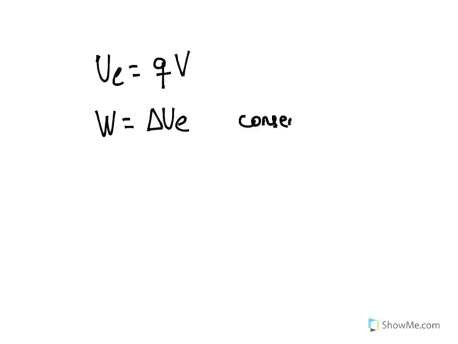So, for instance, the electric potential energy is given as Q times V, right? Being V the potential, and work is going to be a change in potential energy, so we can actually use our conservation of energy as well.